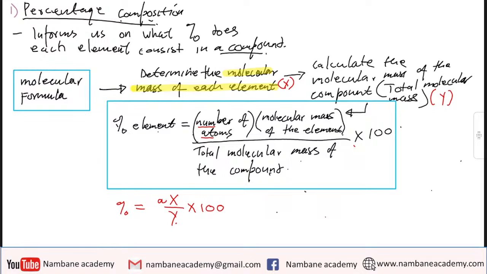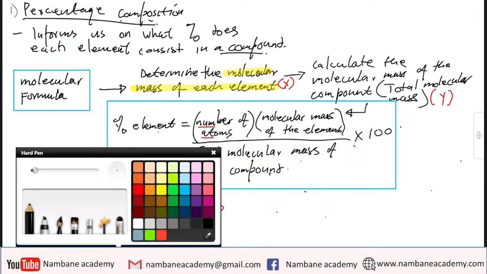So when it comes to percentage composition, we will need a molecular formula to perform that. But the first thing is to determine the molecular mass of each element. Where do we get the molecular mass of each element? We get it from the periodic table.